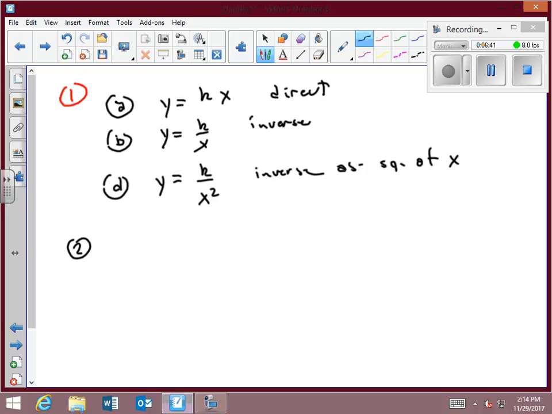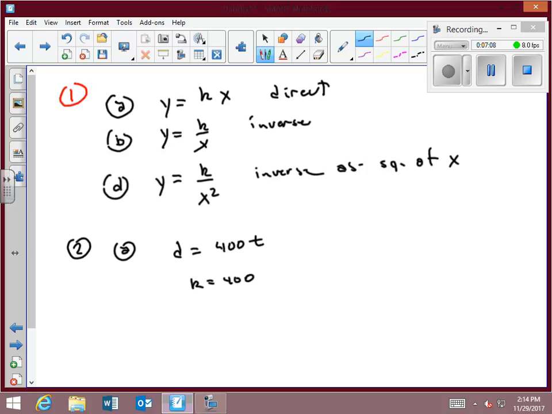I think I said A. Is A a direct variation? Yeah. A is a direct variation. D equals 400T. So what's the constant of variation in that particular problem? K is 400.